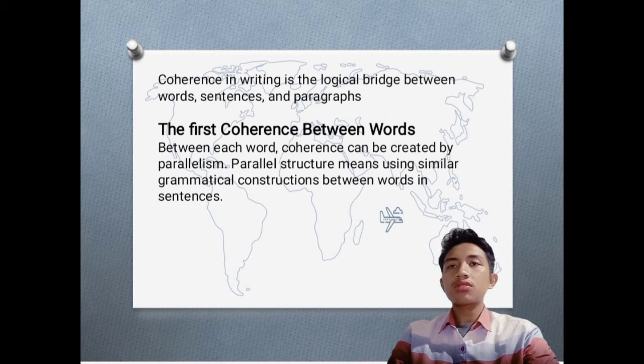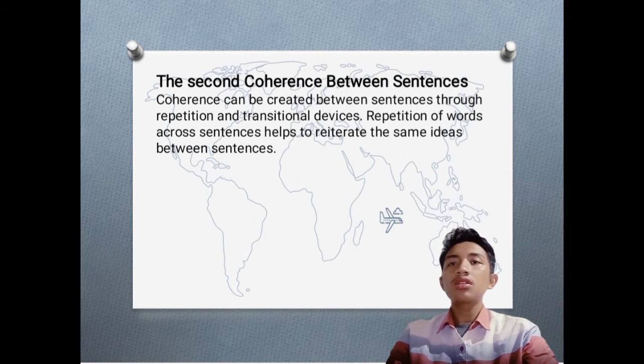The first, coherence between words. Between each word, coherence can be created by parallel structure, which means using similar grammatical construction between words in a sentence. The second, coherence between sentences.